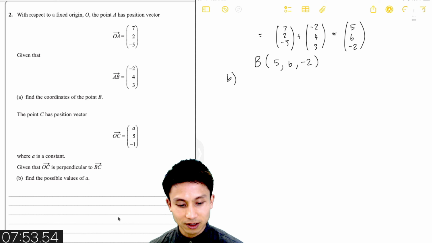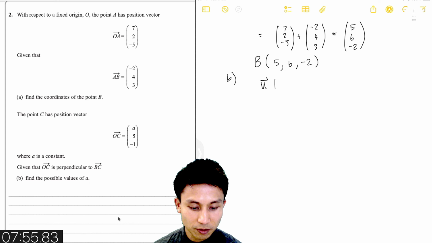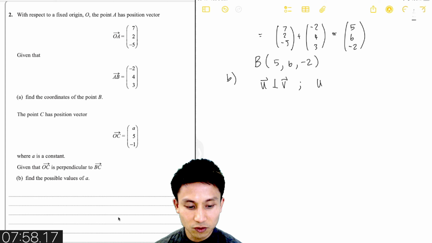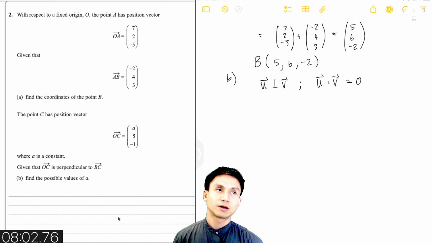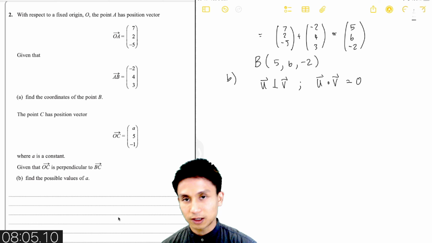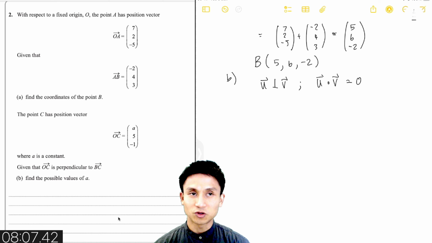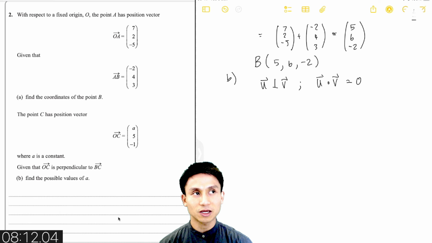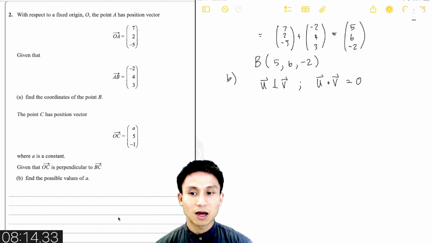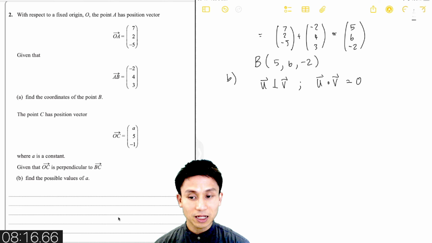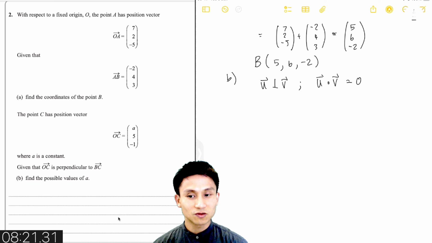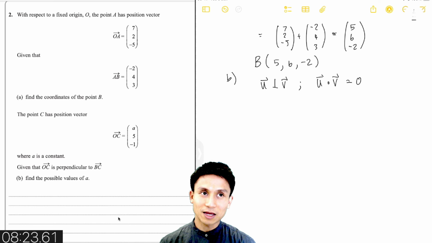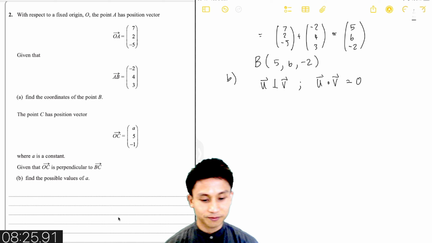So if u is perpendicular to v, that means u dot v should be equal to 0. Because if you think about the dot product formula, there is a cos theta. So u dot v is equal to modulus u times modulus v times cos theta. Now, when there are two vectors perpendicular, theta is 90 degrees. And when you have cos 90 degrees, that is 0. That would make u dot v become 0.